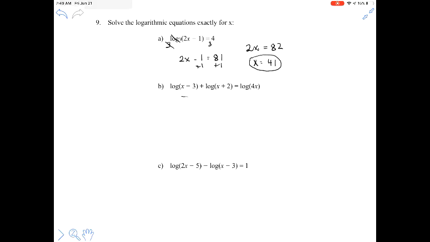For part B, we have multiple logarithms on the same side of an equation. You can't solve a logarithmic equation if you have multiple logarithms, so we've got to condense those into a single logarithm, and since there's a plus sign there, we condense using multiplication. So x minus 3 is going to multiply with x plus 2.